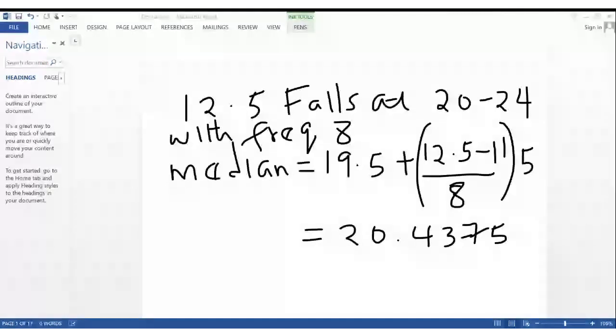Hendrix, you subtract 12.5 minus 11. Should you add or subtract the cumulative frequency? We are supposed to subtract. Go back to the formula that I gave you. You subtract to get the number of values before those other ones.